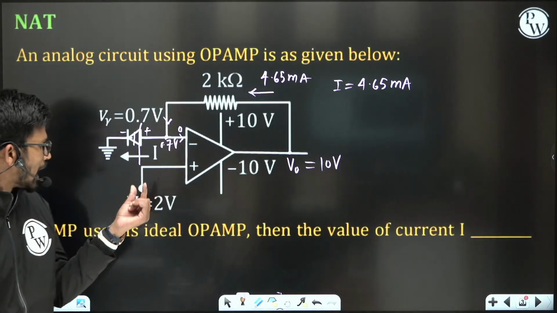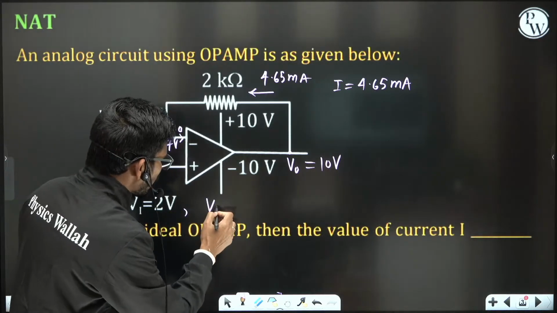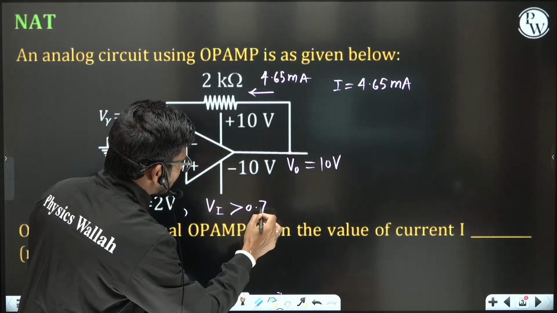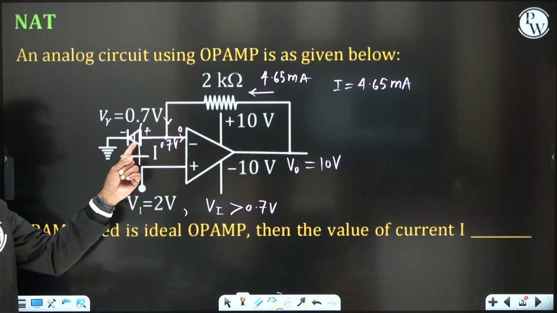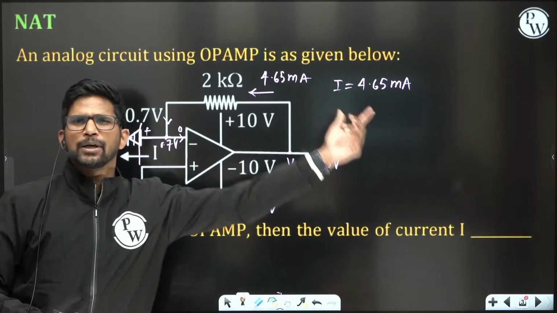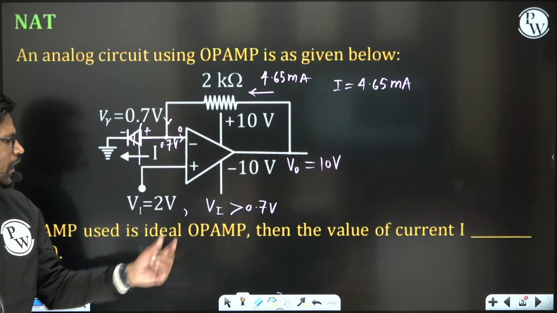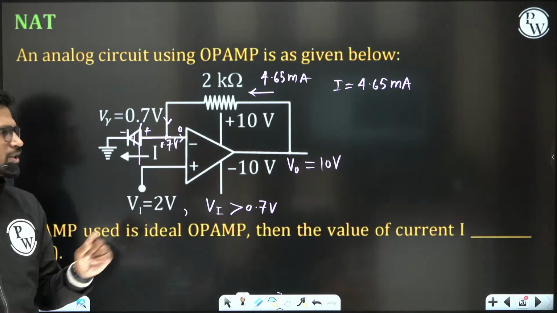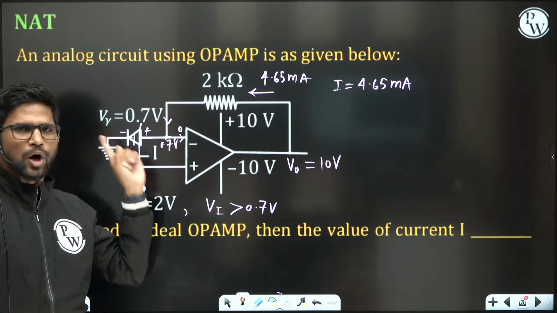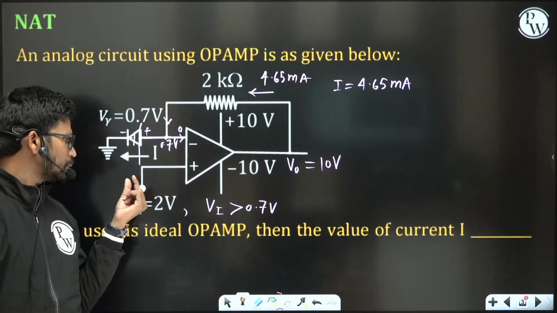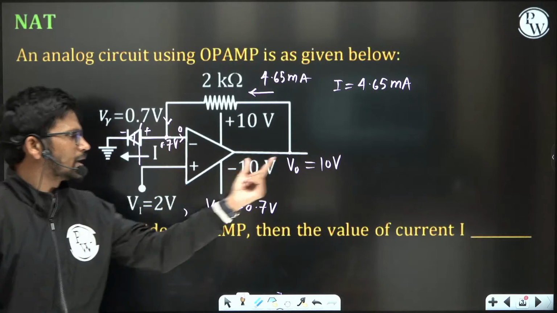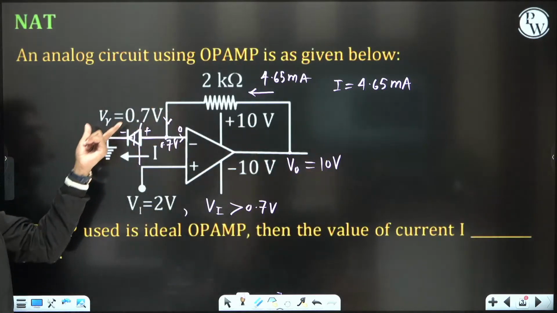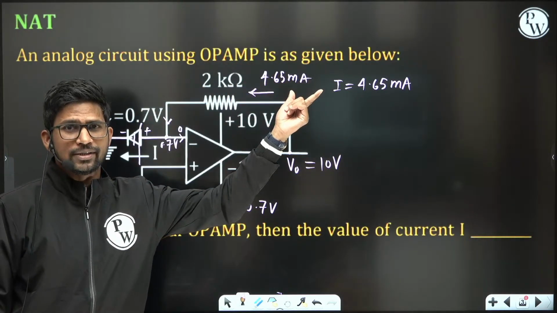So I can say that for Vi greater than 0.7 volt, this I will always be equal to 4.65, because for Vi greater than 0.7 volt, this diode will always be in on condition, right? And this voltage will always be 0.7, Vi will be greater than 0.7, so V plus is greater than V minus, output will be 10 volt, and current will always come out to be 4.65.